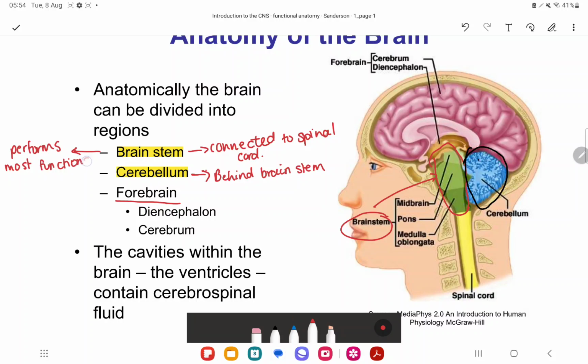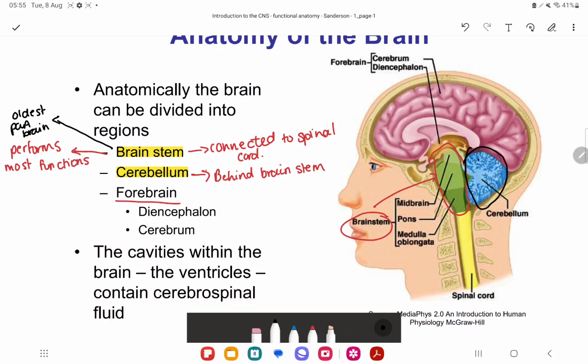That's something else that Julie said, that it performs the most basic functions, is connected to the spinal cord, and also it's the oldest part of the brain.